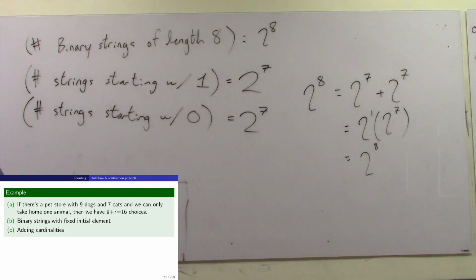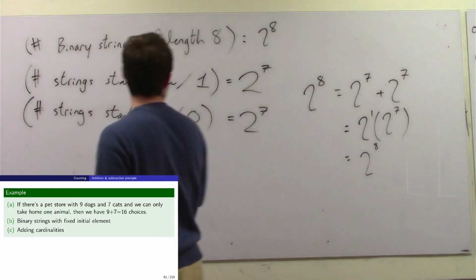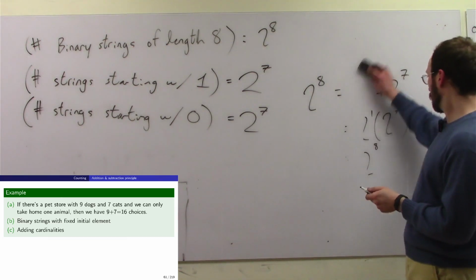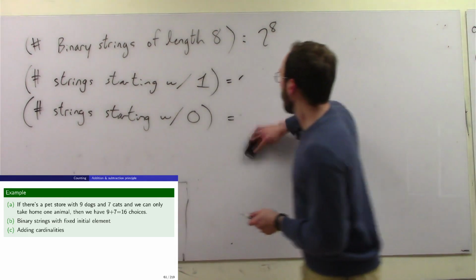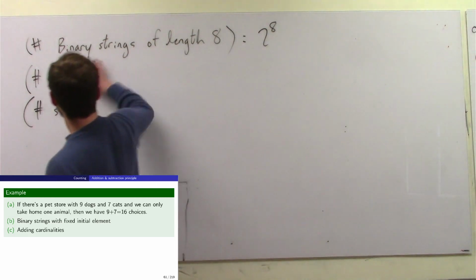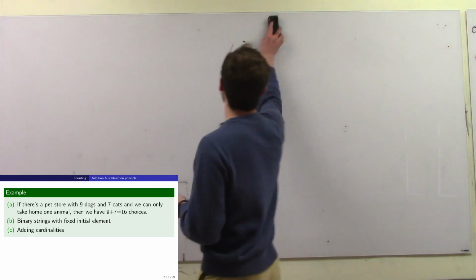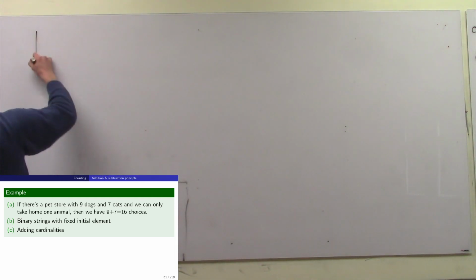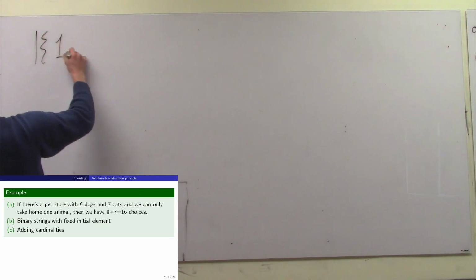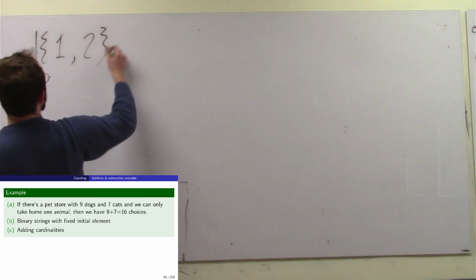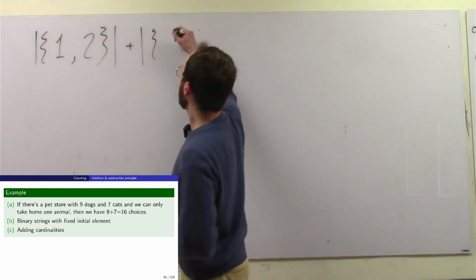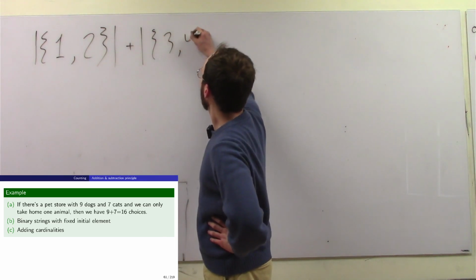And last, yes, I think this is a good last example. We can add cardinalities. So, yeah, I can do away with this and maybe write smaller. Okay, so let's look at this cardinality here. So if I have a set 1 and 2, now I'm going to add to it the cardinality of the set 3 and 4.